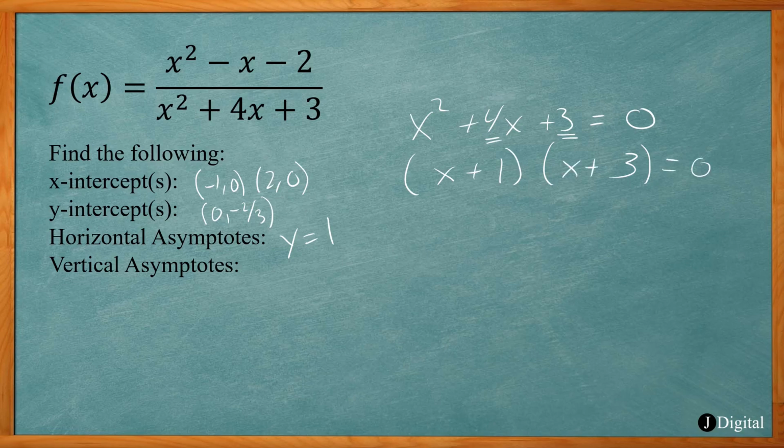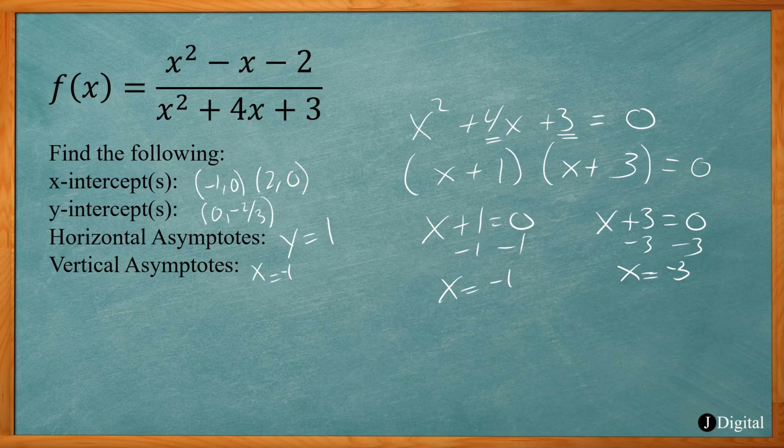So we set those equal to 0. Subtract 1 from both sides, x equals -1. Subtract 3 from both sides, x equals -3. So we have vertical asymptotes at x equals -1, and x equals -3.